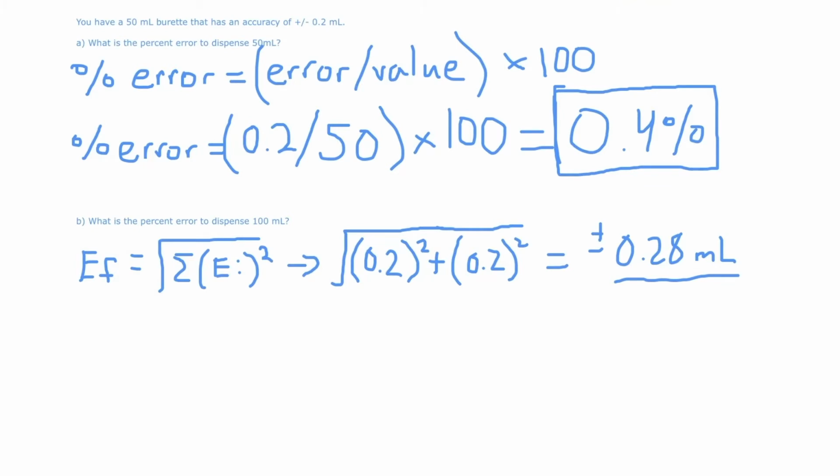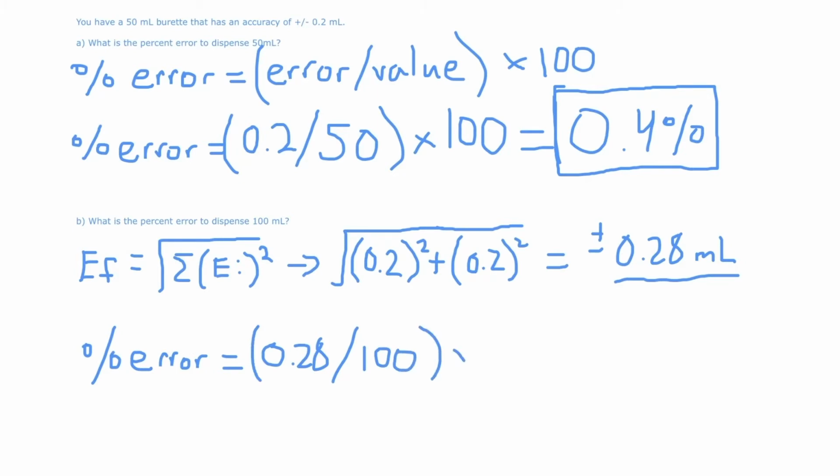So now we'll apply our percent error formula. We know that the absolute error now is 0.28 milliliters, like we just calculated. And we're going to divide that by a desired value, which is the 100 milliliters right here. Okay, and then this is the relative error.